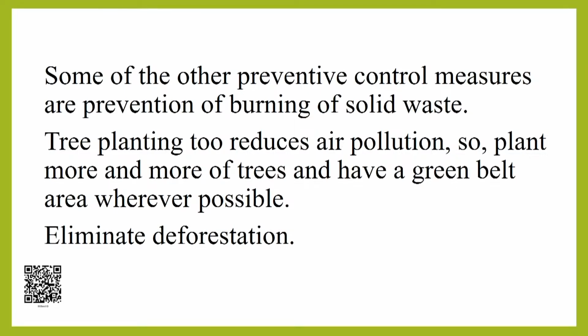Some of the other preventive control measures are prevention of burning of solid waste and tree planting to reduce air pollution. So plant more and more trees and have a green belt area wherever possible. Eliminate deforestation, promote afforestation.